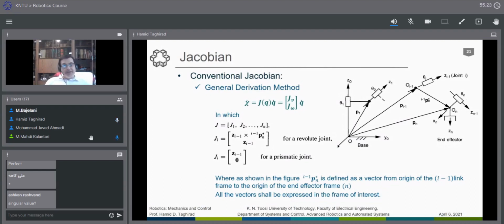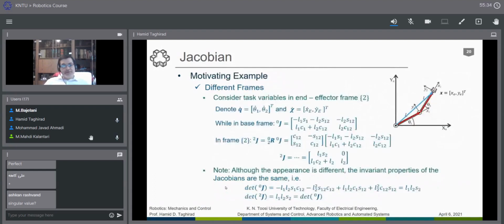Okay. Thank you. What happens exactly when we change the frame of Jacobians? For example, in the preceding example, we change it from the base frame to the second frame. Does it demonstrate that we show the velocity of the end effector in which frame? Now, when we change it to the second frame, it was from 0 to the rest point, or in y1 x1.